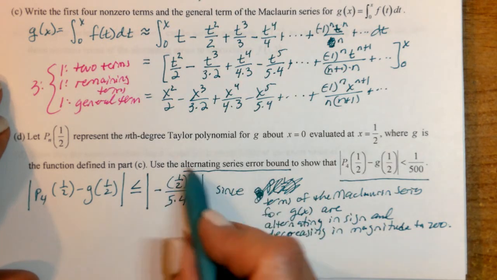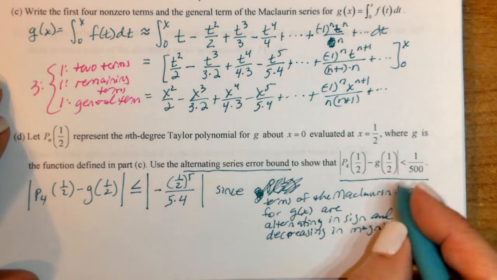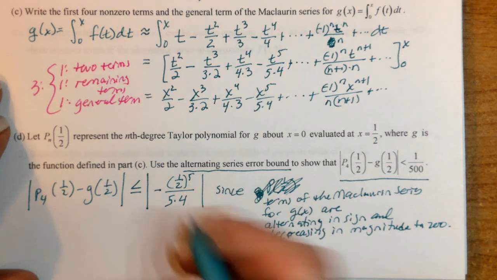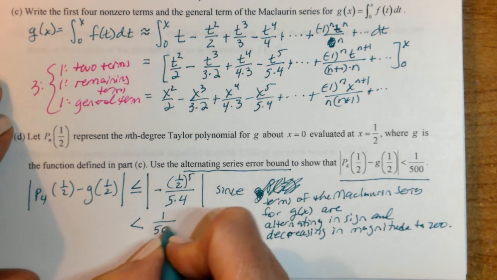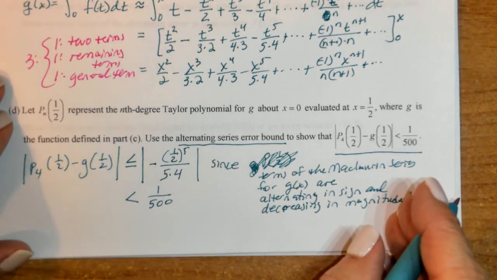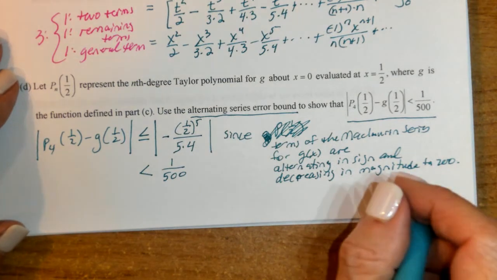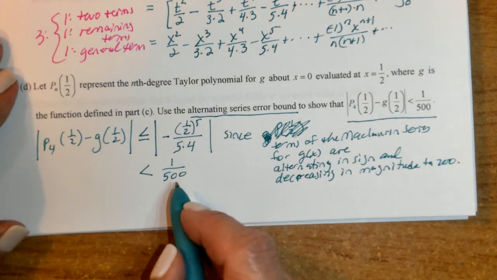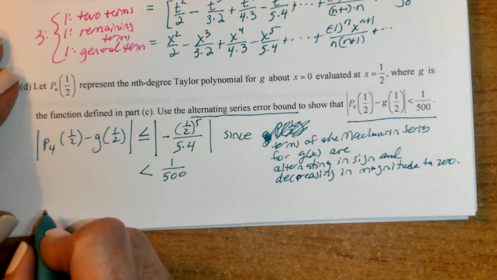Now they want to show that this is less than 1 over 500, and the easiest way to do that is just to come in here and write that is less than 1 over 500. That's the easiest way. Now, if you can't stand it and you have to convince yourself that that is less than 1 over 500, then come off to the side and do it, okay?